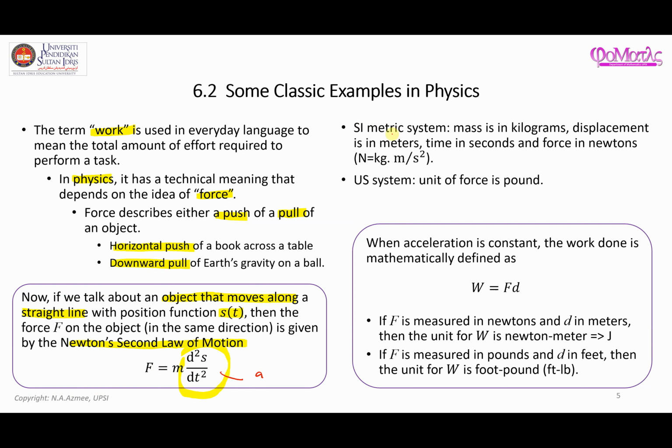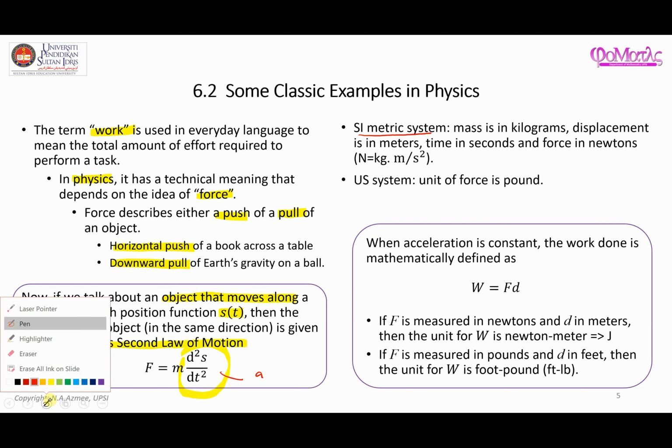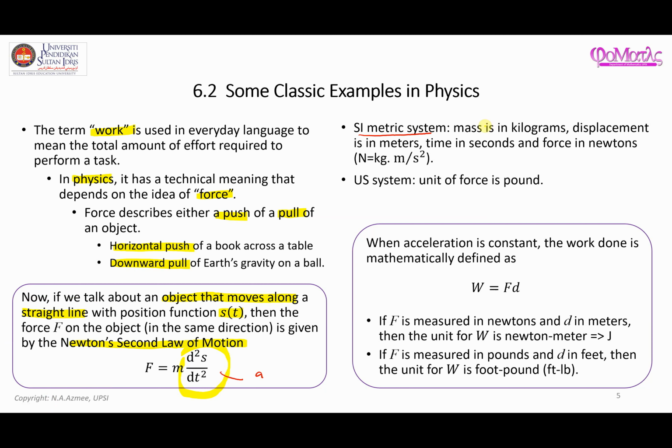In the SI metric system, mass will be expressed using the kilogram unit. So you have mass in kilograms, displacement in meters, time in seconds, and the unit of force will be in newtons, where a newton is equal to kilogram meter per second squared.